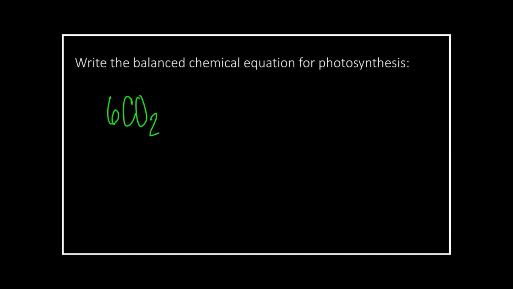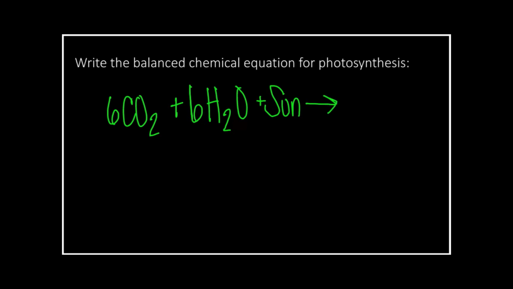For photosynthesis, plants take up carbon dioxide, and then they need water, right? We all know that plants need water and carbon dioxide, and they use energy from the sun, and they make glucose, and they make oxygen, right? And that's what we breathe.